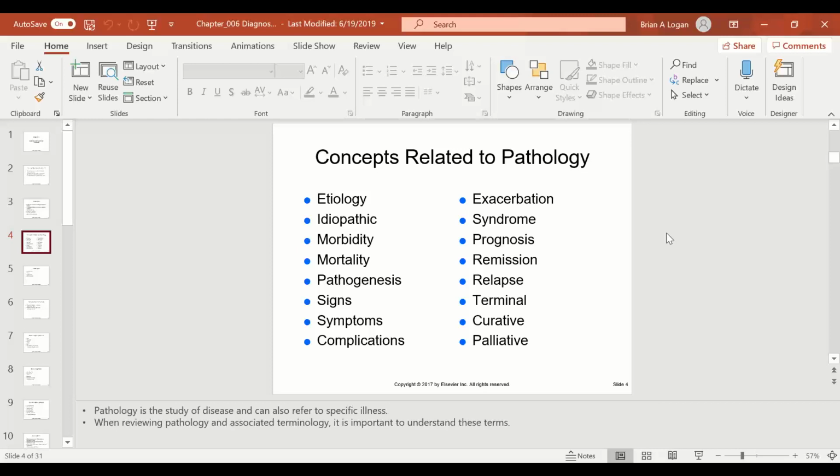Prognosis. This is your future diagnosis. How well are you going to do as the patient after whatever procedure? We brought you in and had your appendix taken out. You should be fine after that.